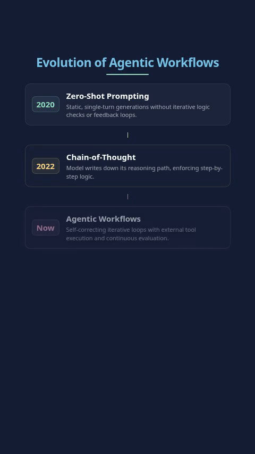Today, we have moved into the era of fully autonomous agentic loops, characterized by frameworks like LangGraph, AutoGPT, and CrewAI, where models execute tools, evaluate results, and dynamically adjust their paths over hours of background runtime.